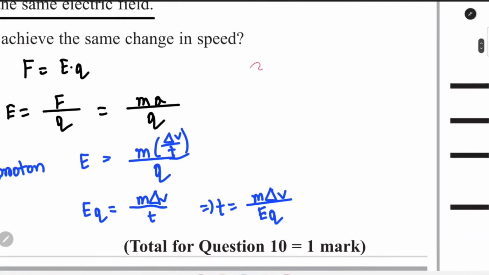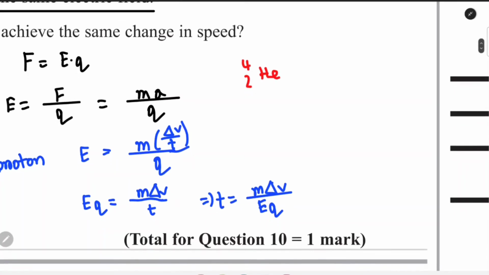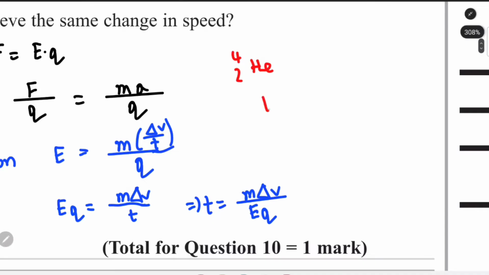Now for helium nucleus, the mass is 4 times before. So for T, I have the mass which is 4 times more than before, so 4m del V. The field strength is the same. The charge, however, is twice of the proton, so 2q.